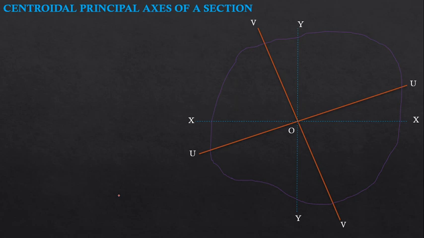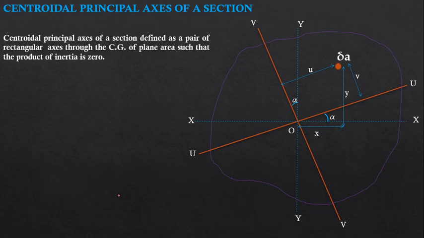We need to find the values of IVV and IUU, or I would say the moment of inertia about the VV axis and UU axis. Alpha is our inclination angle, and del A is our elementary area. X and Y are the coordinates which refer to the YY and XX axes, and U and V are the coordinates which refer to the VV and UU axes.